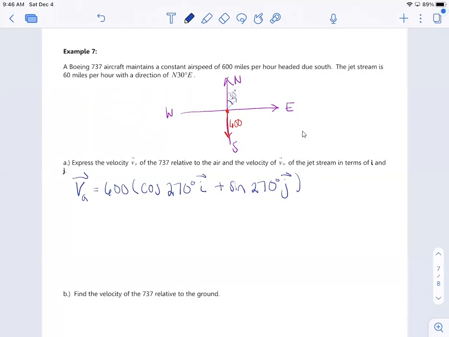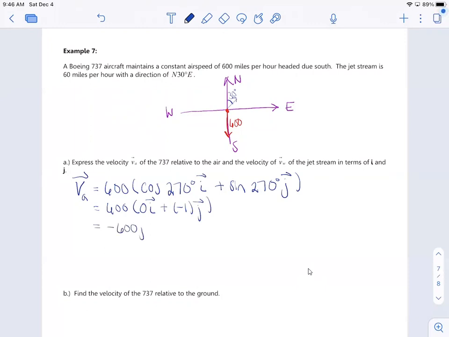Now, if I do this using my unit circle, cosine of 270 degrees is 0. Sine of 270 degrees is -1. Distribute that 600 and we get -600j. It told us it wanted the answer in terms of i and j, so that's why I did that.